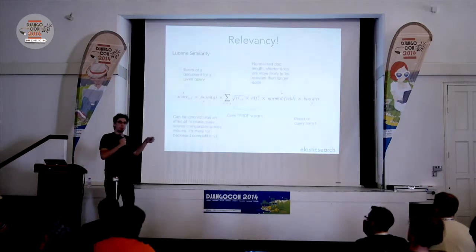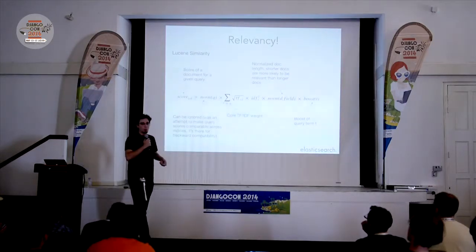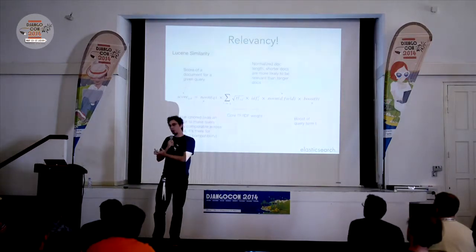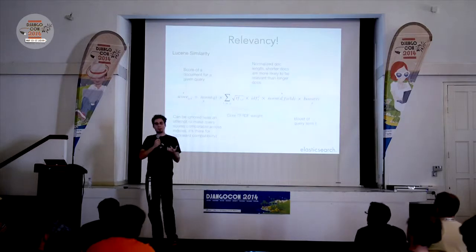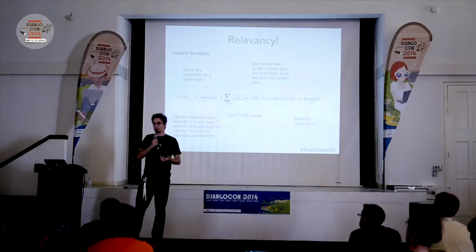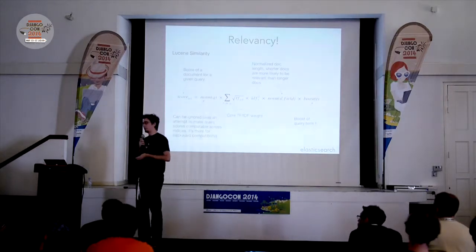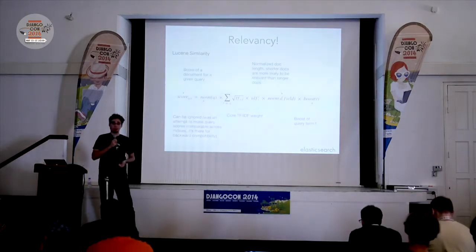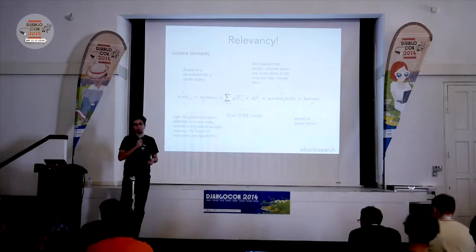So for each document, we calculate this value, which will tell us how common is this word compared to how many times it's present in this particular field. If you have a word that's very common and you find it 10 times in the document, you say, okay.